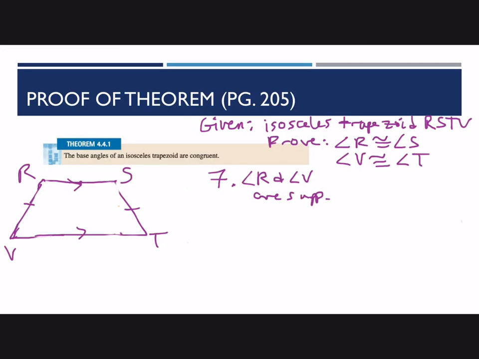Okay, and we also similarly know that S and T are supplementary. And the reason for that is theorem 2.1.4. And that one states that if two parallel lines are cut by a transversal, so here the legs are the transversals, then the interior angles on the same side of the transversal are supplementary.